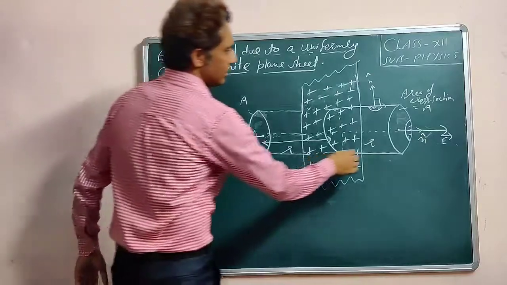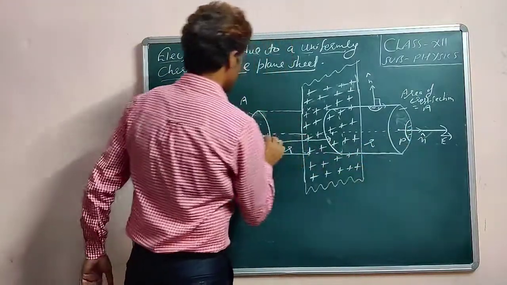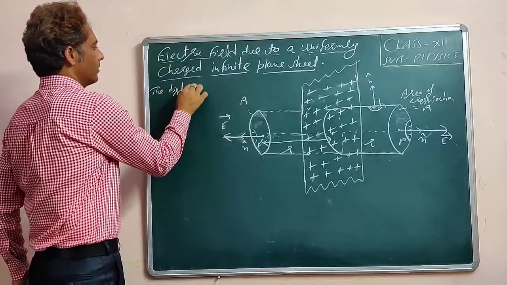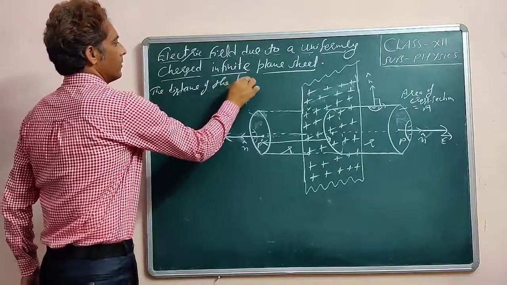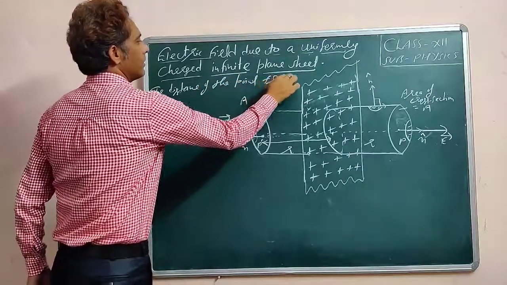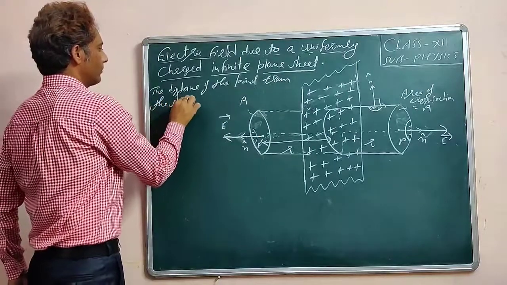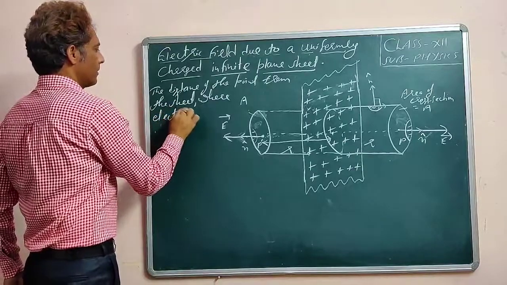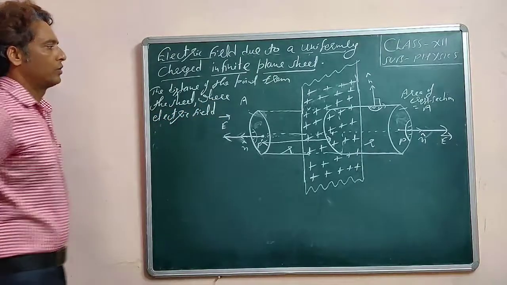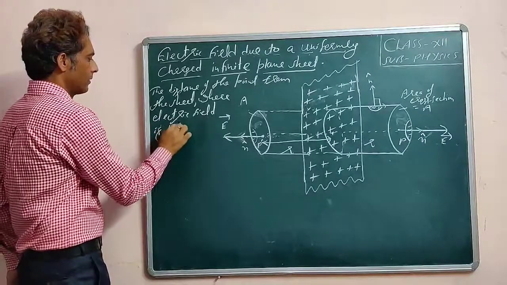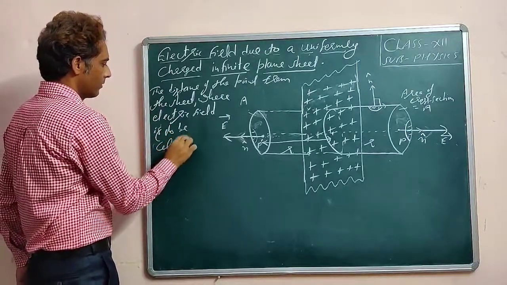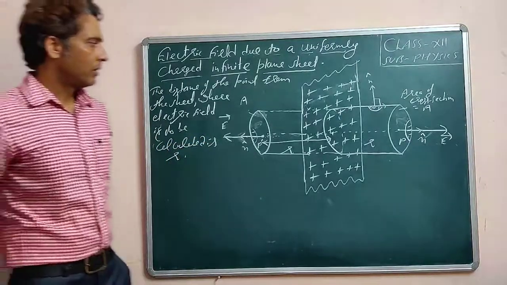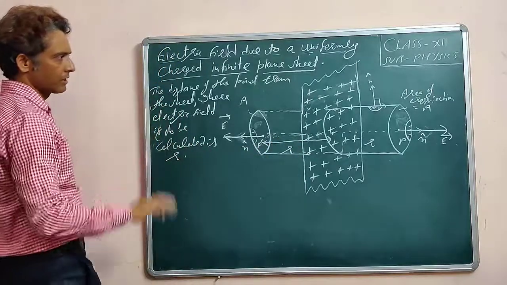first we write this point P and this is P dash, the distance of the point from the sheet where electric field is to be calculated is R. Now we will write the electric flux.